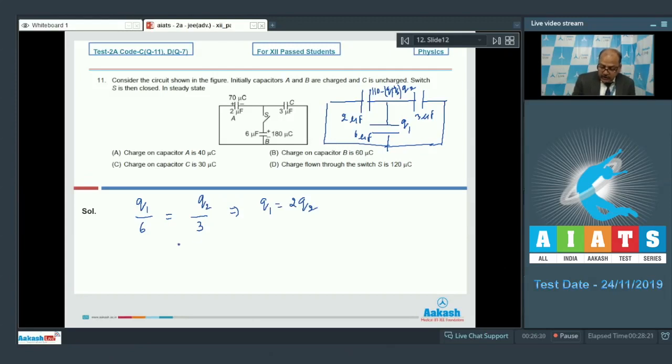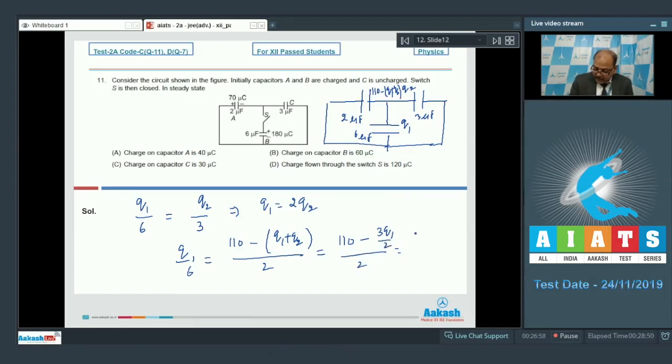Further, we also have the potential difference equal to Q1 by 6, which is again equal to 110 minus Q1 plus Q2, divided by 2. If I put it as 110 minus Q2 can be written as Q1 by 2, that means it is 3 Q1 by 2, by 2.